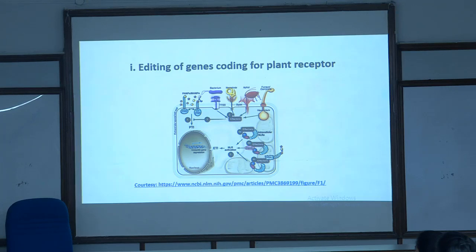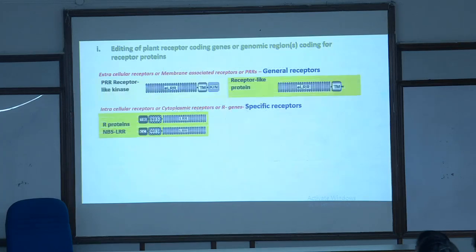If I'm wrong, please search this. The author is Bart Thomma from Wageningen. So he proposed the receptors, in particular RLPs and RLKs, are the potential targets for bringing broad resistance in several hosts. Let's take that example now.